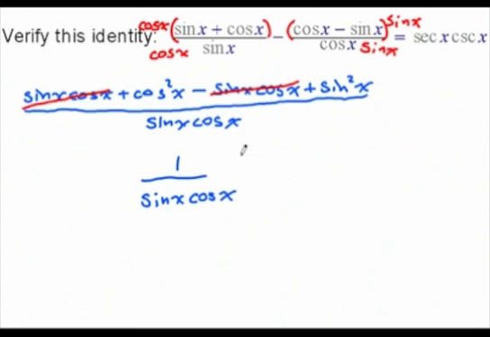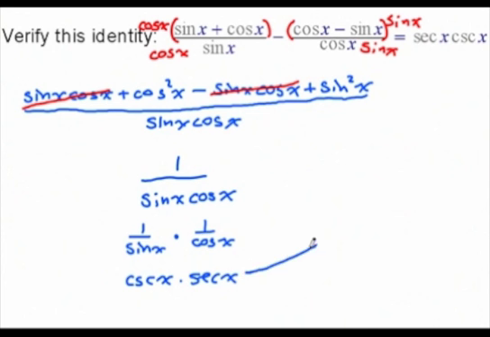And if we split this, because we basically have a product of two different things, I can write this as 1 over sine of x times 1 over cosine of x. And this will give us cosecant of x times secant of x. And by the commutative property of multiplication, we can flip that around and actually we have the other side.